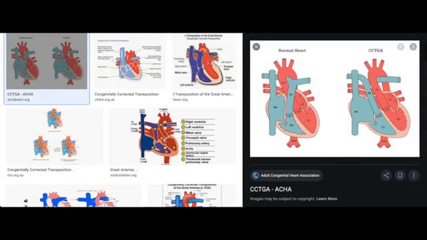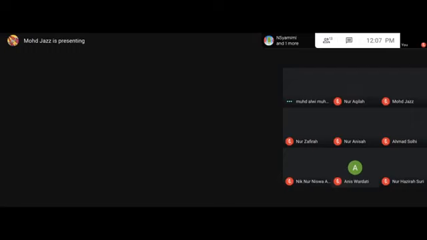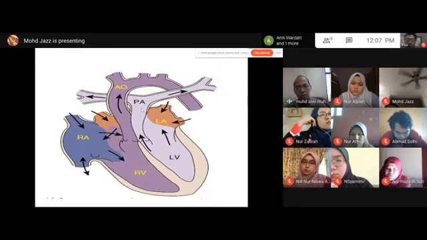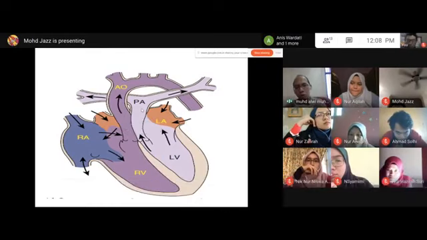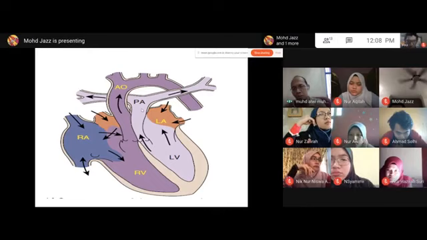Look at this picture on the screen. The pulmonary valve should be on the right side, so originally it is actually transposed. The PA is on top of your aorta.